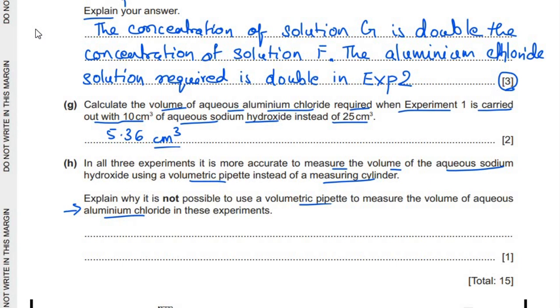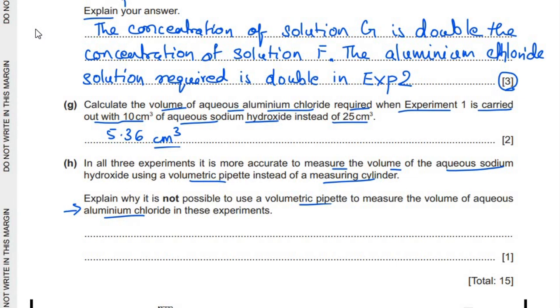If we have a fixed volume, then only can you use the volumetric pipette, say 10 cm³ or 25 cm³. Accordingly, we'll choose the size of the pipette for the requirement of the volume.